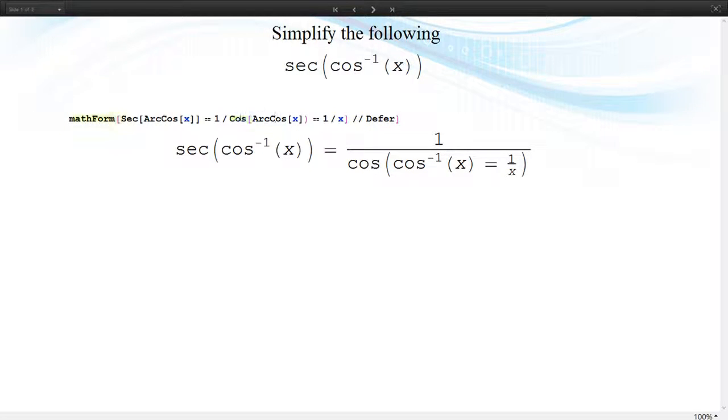Let me put a couple of parentheses to help Mathematica out.